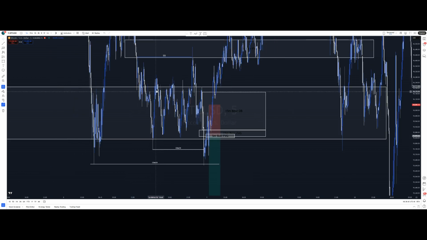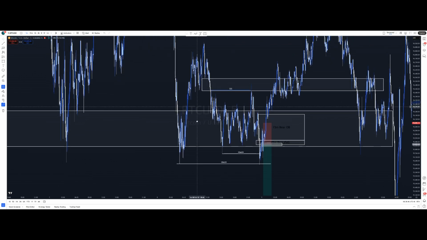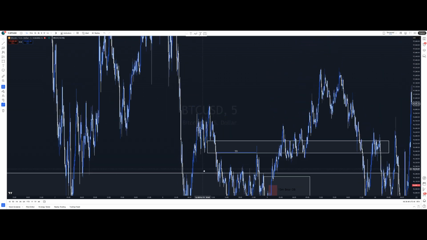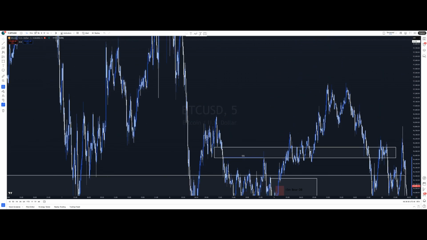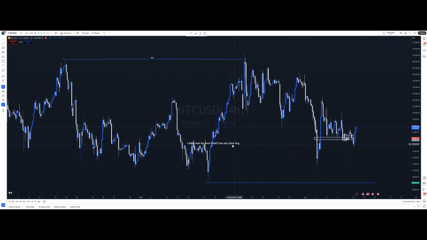As you can see, zoom to the larger time frame, to the 1 hour time frame.